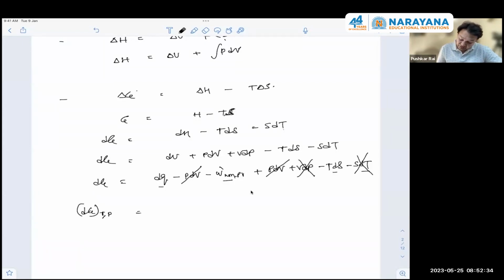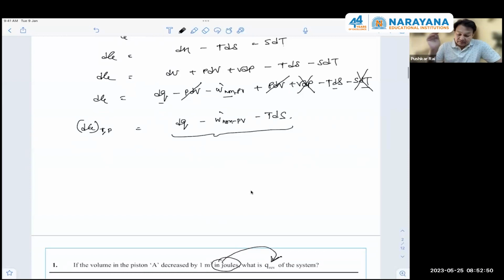And we get to this point: dq minus W dash non-PV minus TdS. Up to this point, this statement looks very good. It says that the change in Gibbs function is equal to the heat absorbed by the system, minus the non-PV work done by the system, and minus the TdS term.